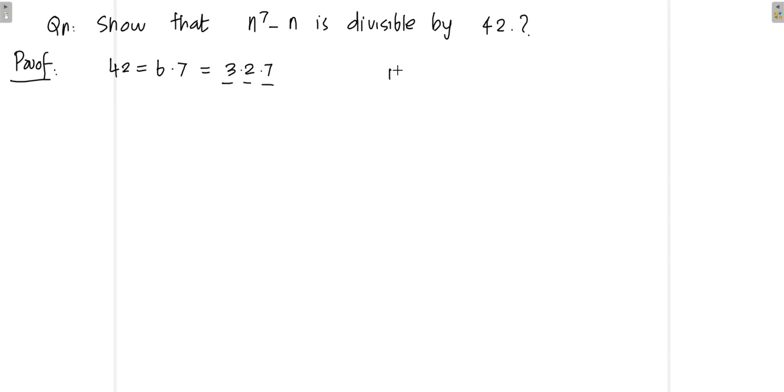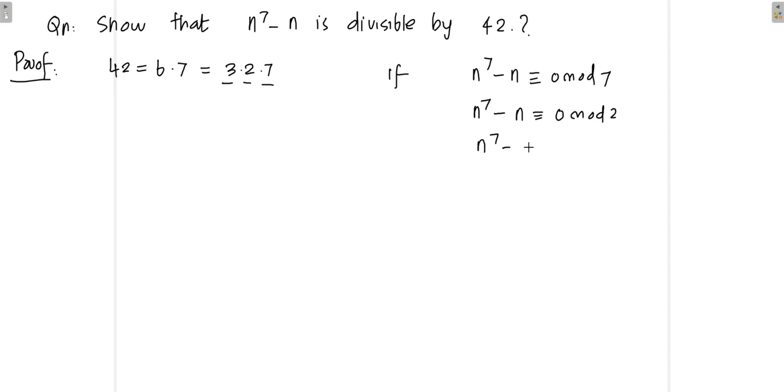That is, if we got n raised to 7 minus n is congruent to 0 mod 7.